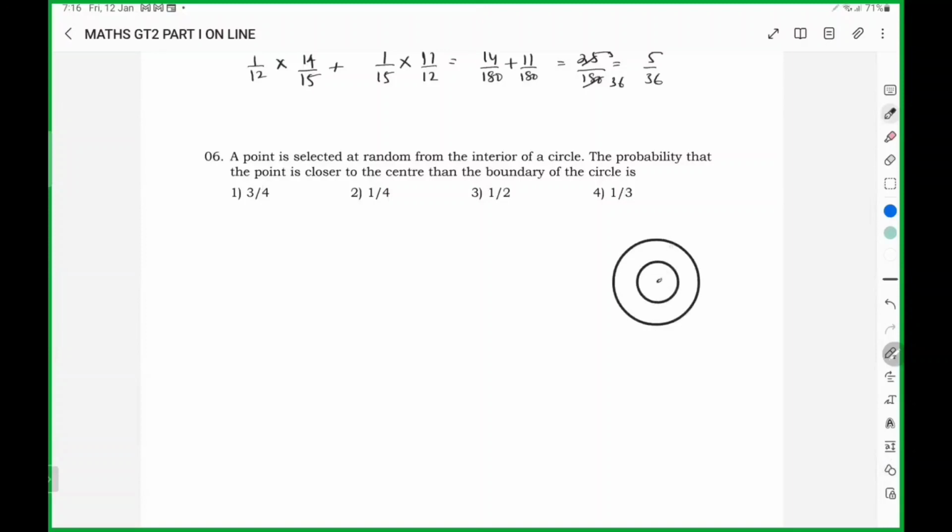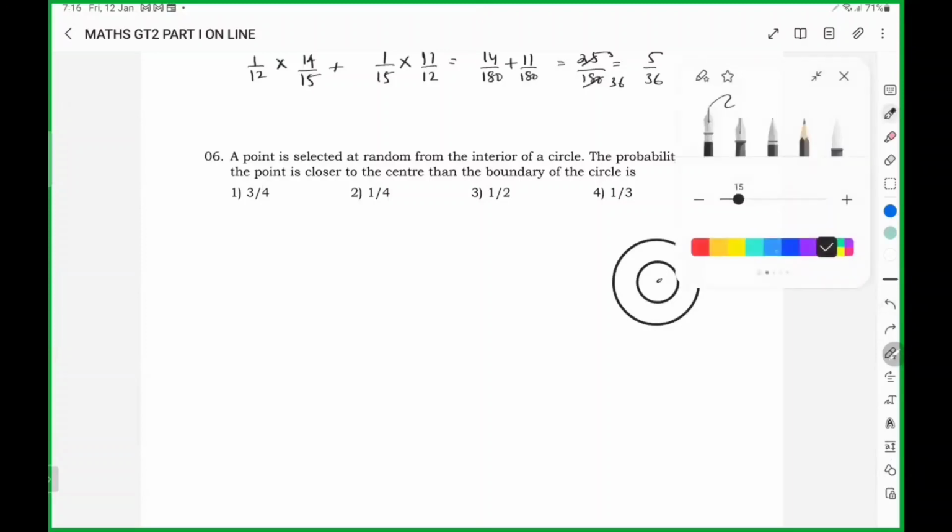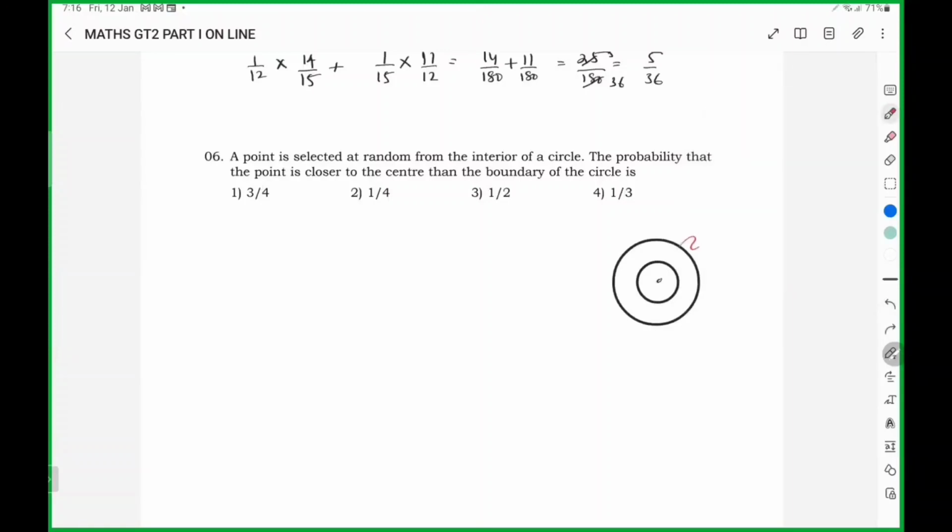Here you take this as radius r. You take a point at a distance r by 2. Closer to the center means that it should be inside this circle of radius r by 2.